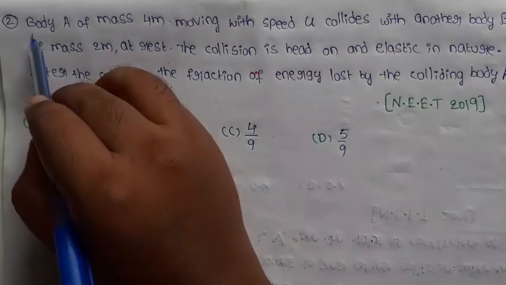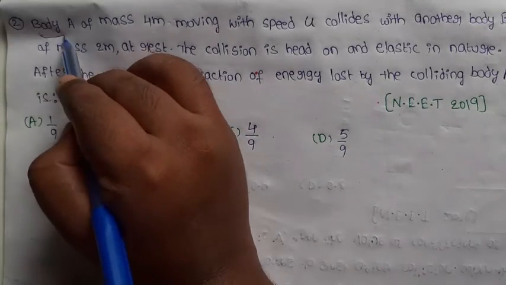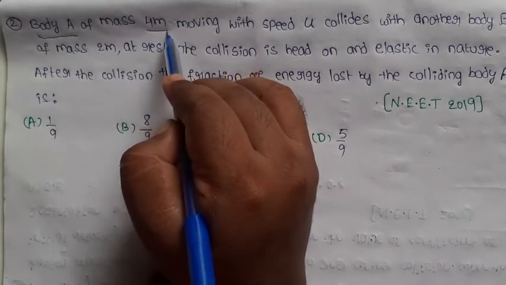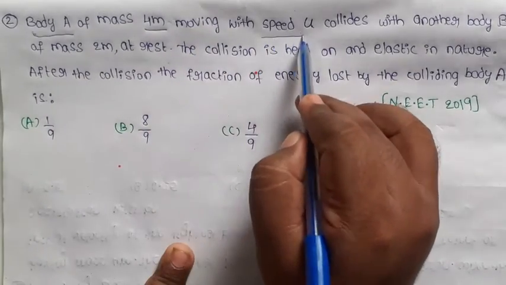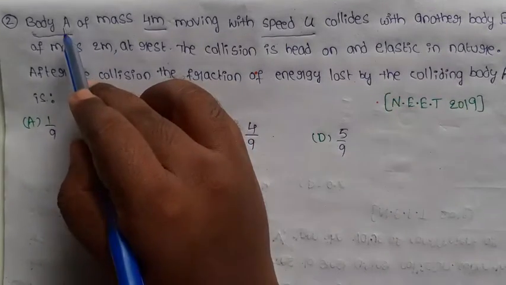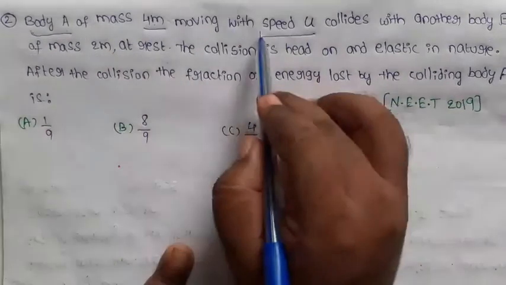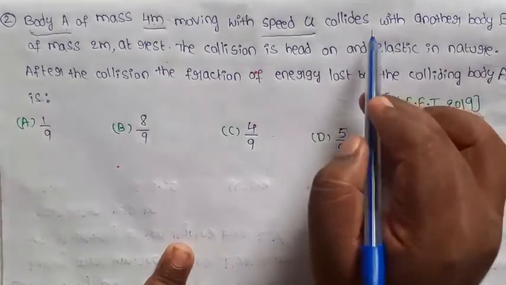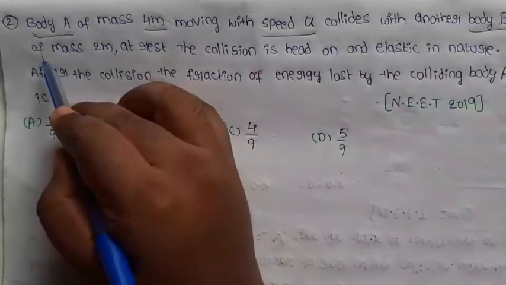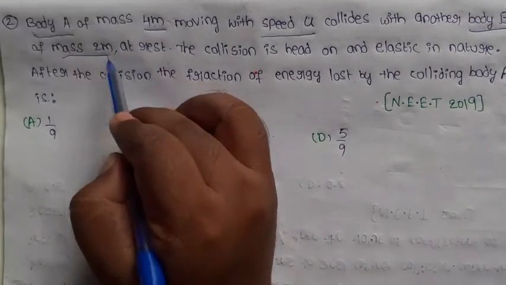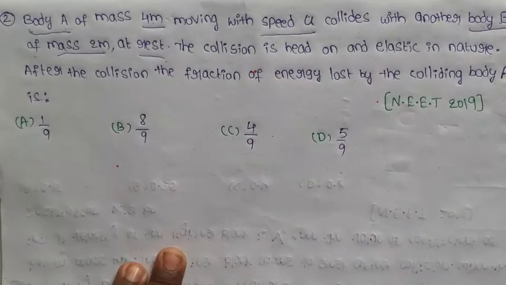Second question, body A of mass 4m moving with speed u collides with another body B of mass 2m at rest.